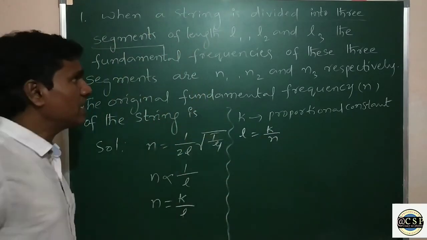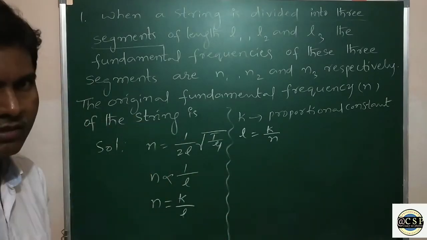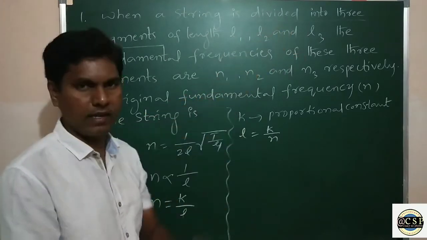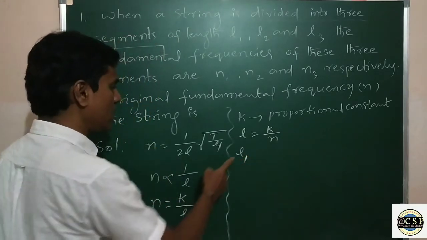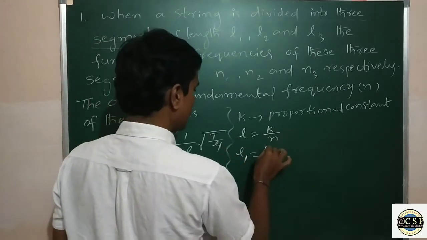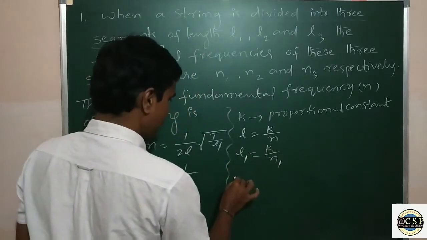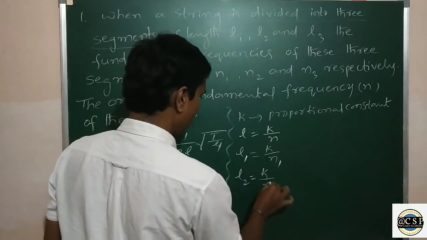Now how many segments is the string divided into? Three segments. Those lengths are given already in the question, L1, L2, L3. We take the first segment, the length is L1, L1 is equal to k by n1, and L2 is equal to k by n2.